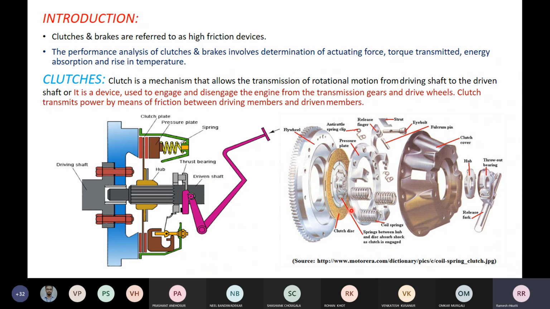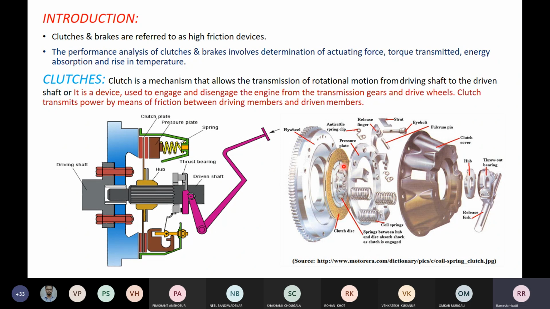On the right side of your figure, you can see the detailed figure. This is the flywheel, this is the pressure plate, and this is the clutch disc. The clutch disc looks like a CD.